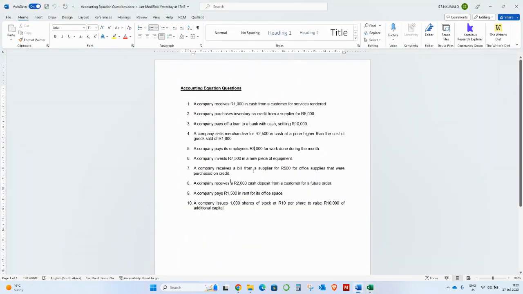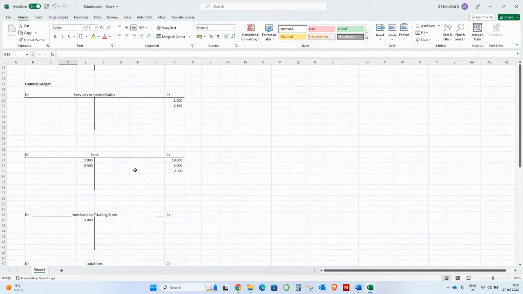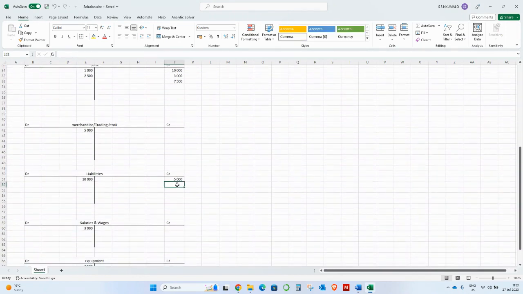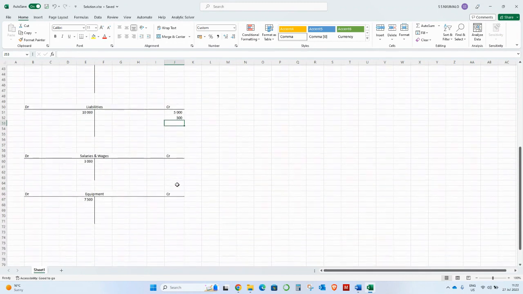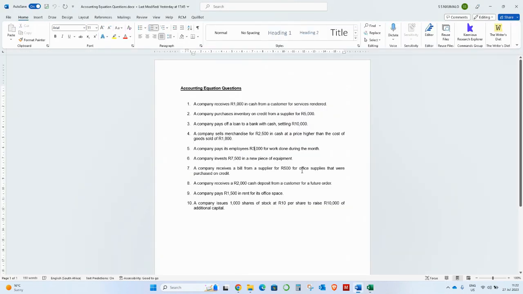What happened? A company received a bill from the supplier. So they bought something on credit from the supplier. Again, our supplier is our creditors. They increase on the credit side. And then we bought what? Office supplies.